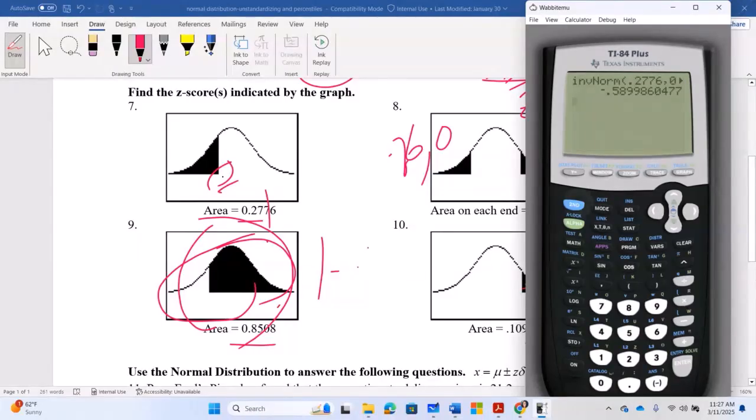So I do second distribution, number 3. And then right here, instead of putting in the number 0.8508, I'll just put in 1 minus 0.8508.